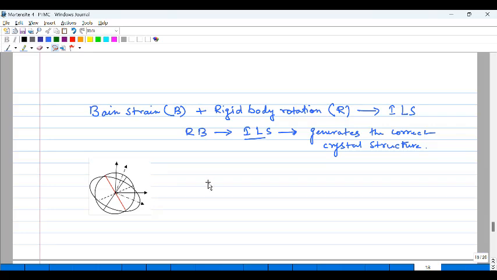Okay. So this we have seen before also, we have discussed it. We have seen that one of the lines here remains invariant as we combine the bend strain with a rigid body rotation. Okay. So basically what we are saying here is that this is an ILS. I mean, this is leaving one line unrotated and undistorted. Okay.